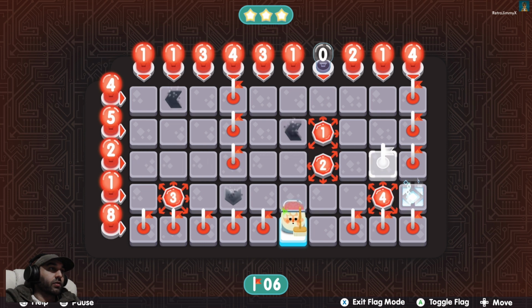Interesting. There's 1 already in there. That means the second one would have to be. The fourth one would have to be in one of these two. And if the fourth one's in one of these two, that means that 1 has to be in one of these two. Yeah, because there's only 2 in that. One of these two.